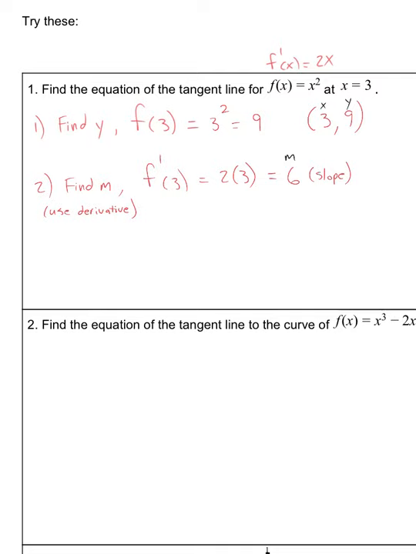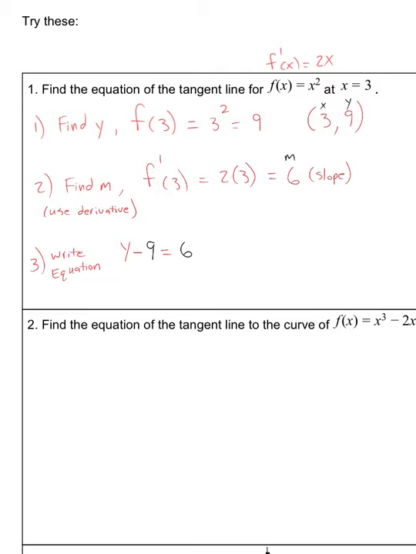Now we write the equation in point-slope form, and we always use point-slope form in the calculus world. So it is y minus the y value. We plug our y value in right there, so my y value is 9. Then it is equal to our slope, which we just found was 6.